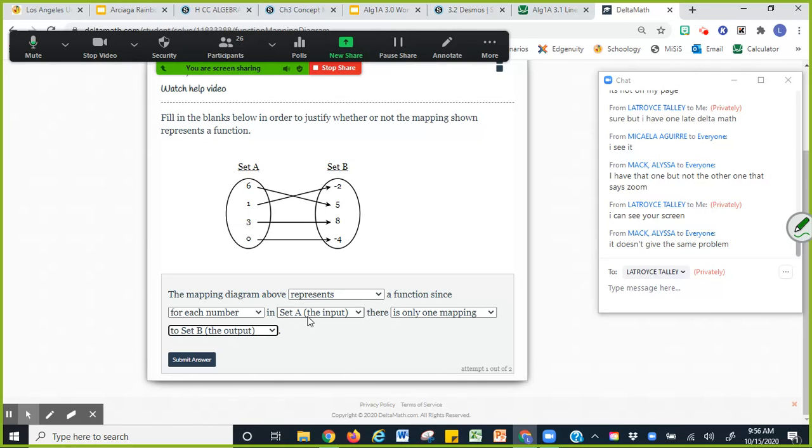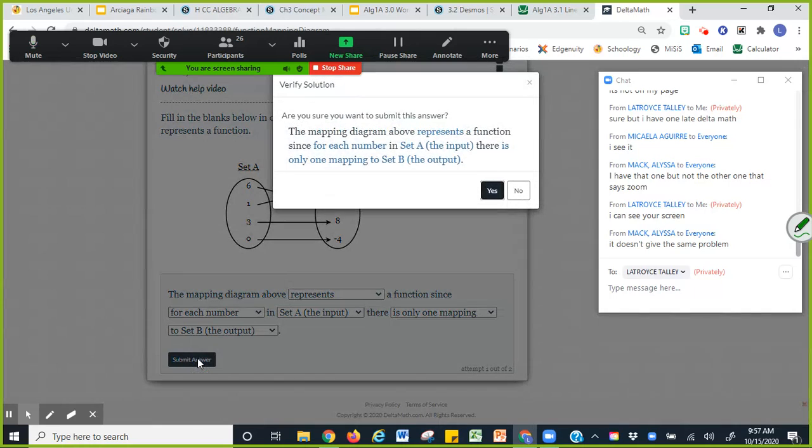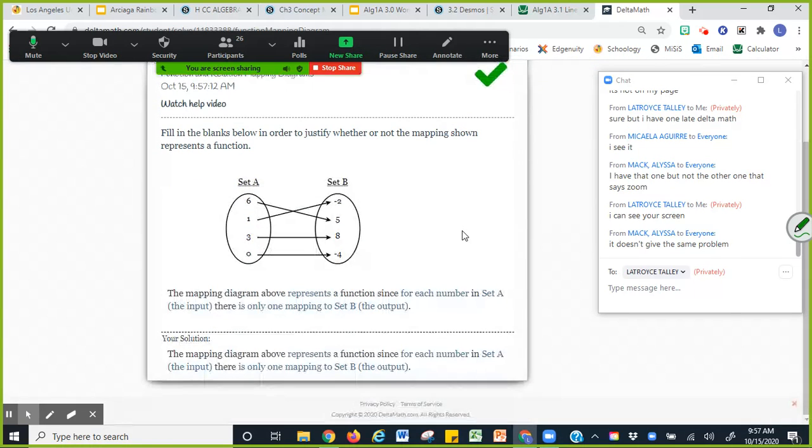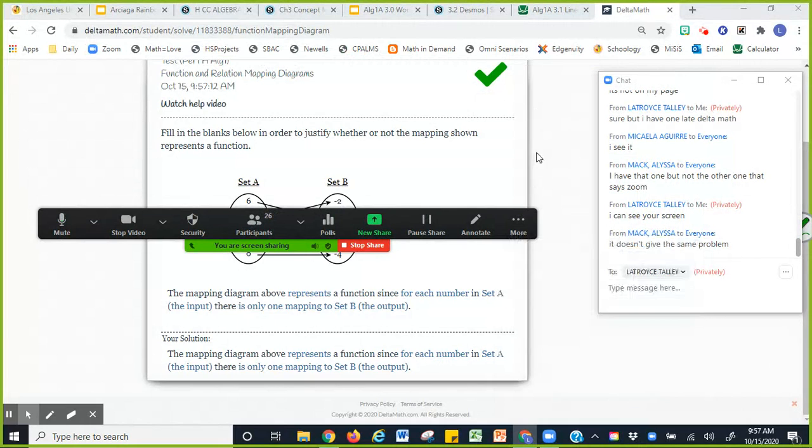Set A is the input, and set B, you see that they're kind of tricking you. This is also set B, but it has the input with it. So you have to see the pairing up. Okay, I'm going to click on yes, and there you're going to get it right. So that's how you are going to do those kinds of problems.